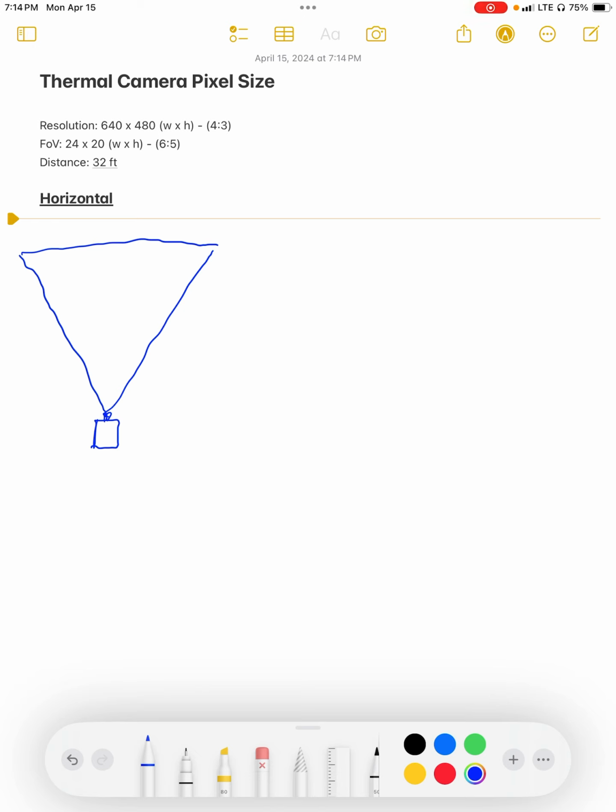Now, we know that this distance is 640 pixels, and I'm going to divide this in half because we need to divide it in half in order to perform a little bit of trigonometry. The other thing I know is my distance is 32 feet, and my angle here is 24 degrees. But looking at the whole thing isn't going to be helpful. What I need to do is look at half of it.